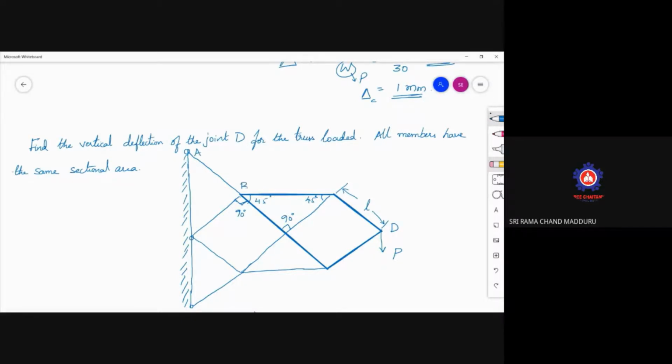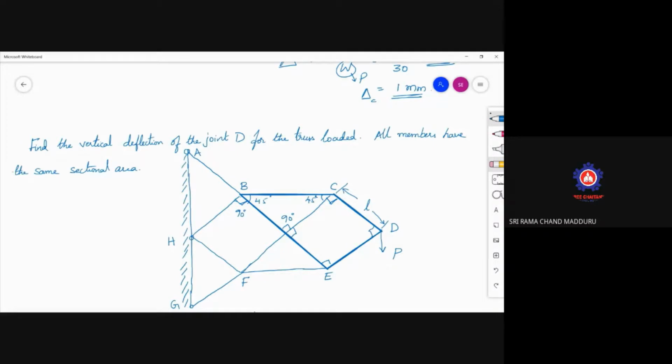A, B, C, D, E, F, G. Cross-sectional area is the same, but the lengths are not the same. Lengths are not the same. This is 90 degrees here. This is 90. This is also 90.